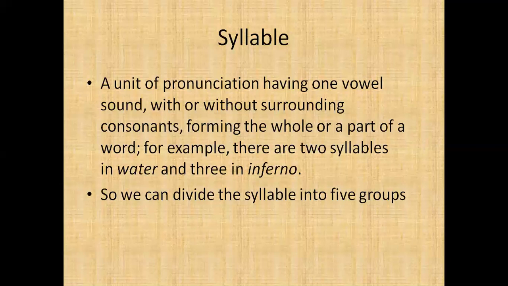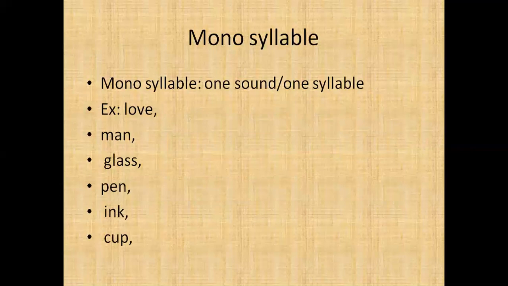Now let us go to monosyllable. What is monosyllable? As I said, mono means single syllable, single sound. So it has one sound and one syllable. Very simple. Monosyllable means a word which has a single syllable.